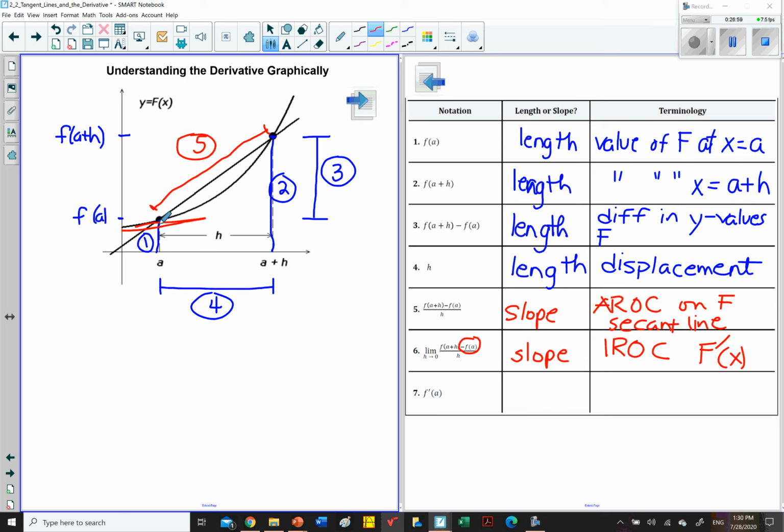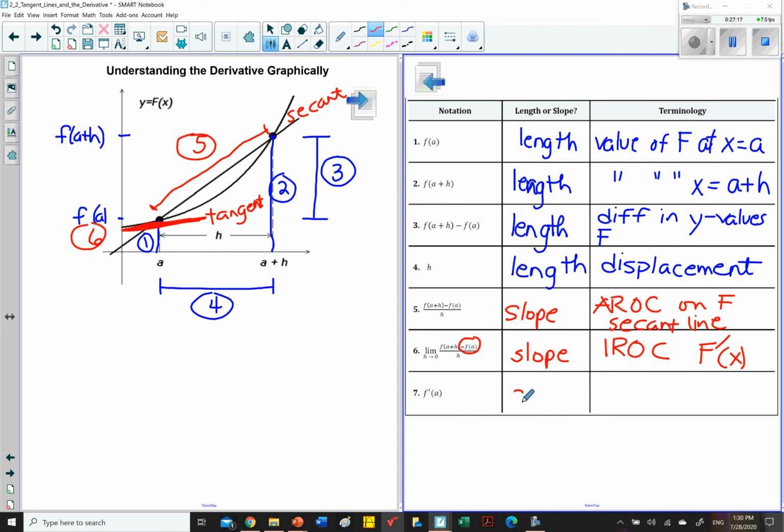So that's that derivative. That's number 6. It's the tangent line. I could label this one the tangent line. And number 5, we could label the secant line. And then f prime of A, same thing. It's a slope, and it's the same as number 6. So you want to be able to think graphically, work algebraically, and numerically.